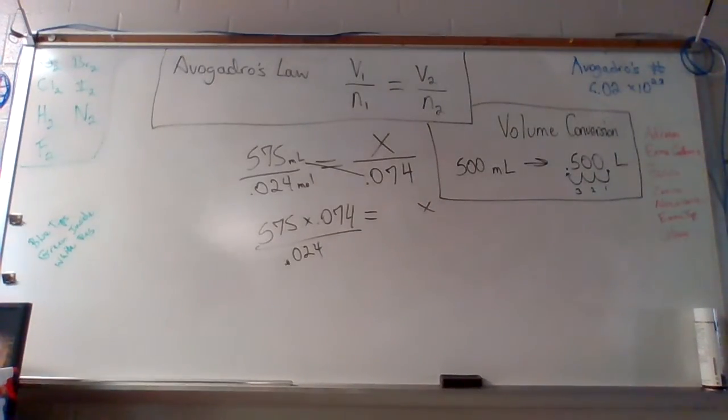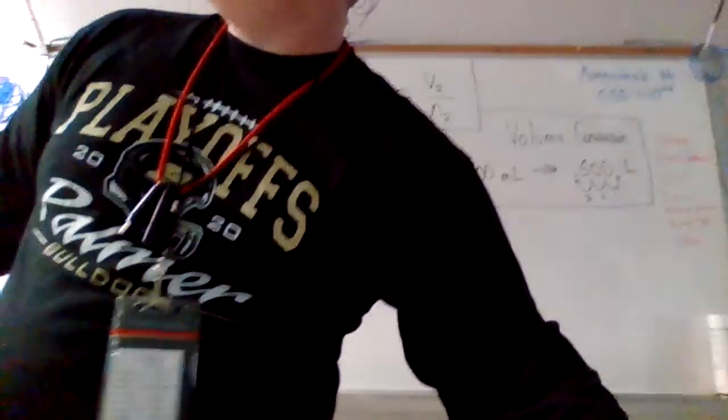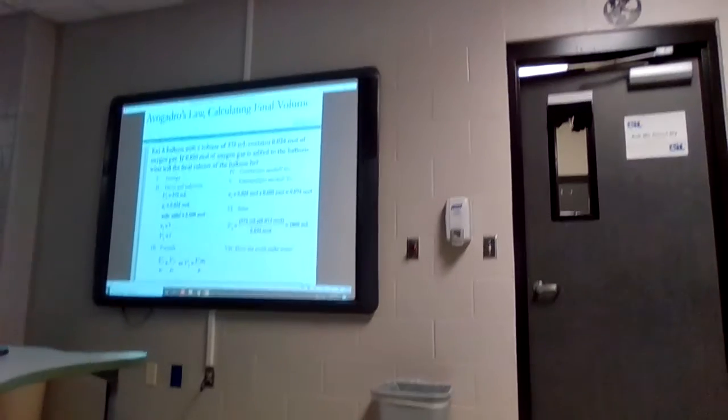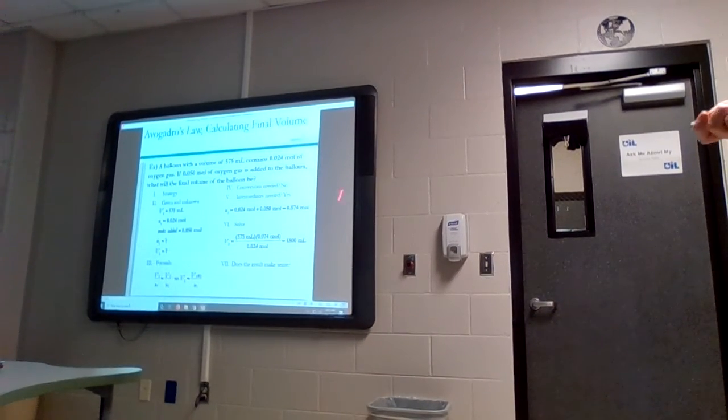Which we'll go ahead and see. And yes, they did exactly like I did. 575 times the 0.074 is equal to the 0.024 times x. And you can see right here is where they had to add their moles together. So they had the 0.024 moles at first, then they added 0.05 more. So their moles number 2 is 0.074, just like we got.